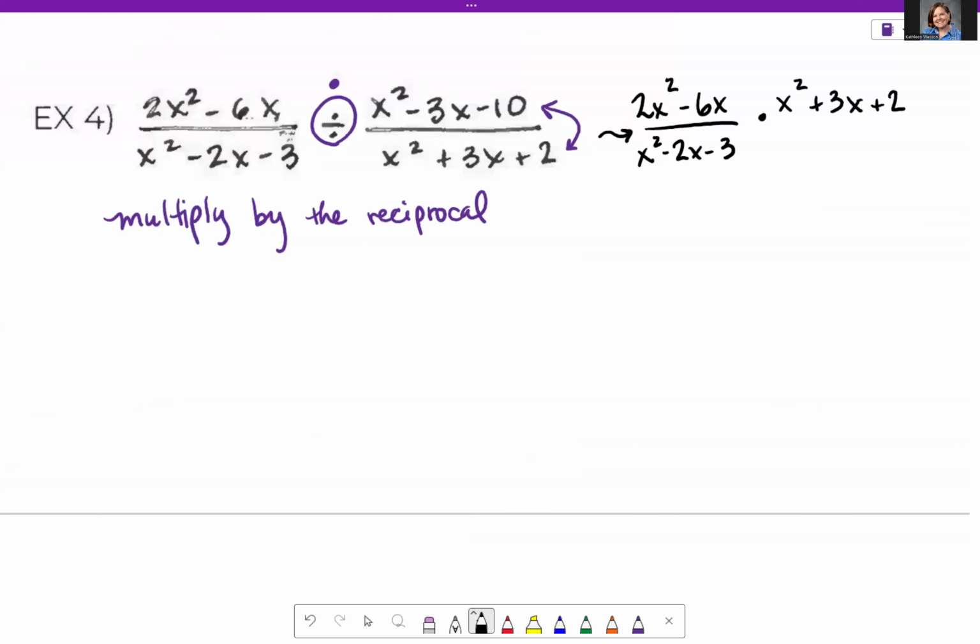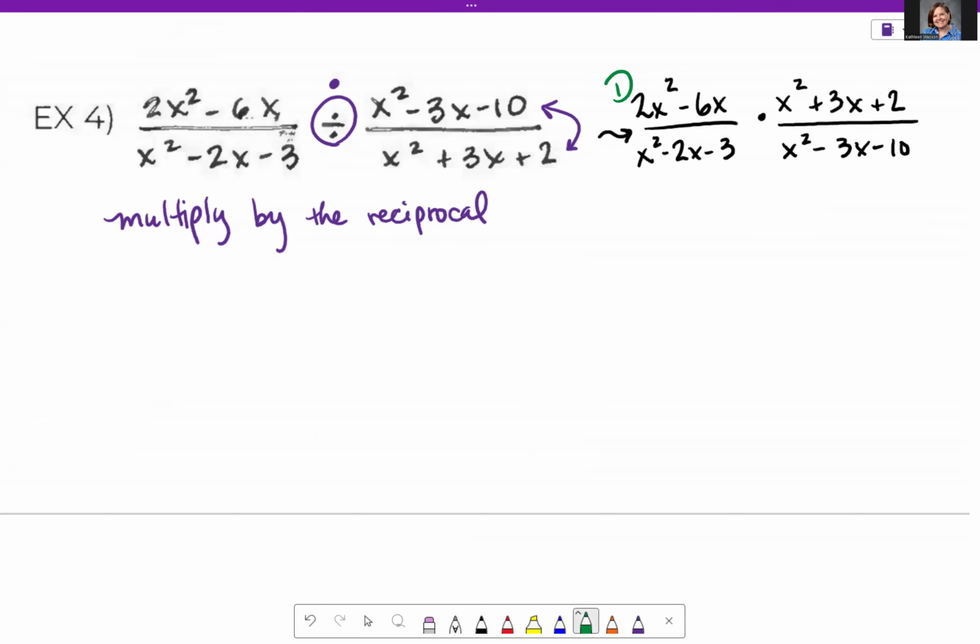This becomes the numerator. X squared minus 3x minus 10 is the denominator when I multiply by the reciprocal. Now I'll factor all these with the plan of reducing these fractions.